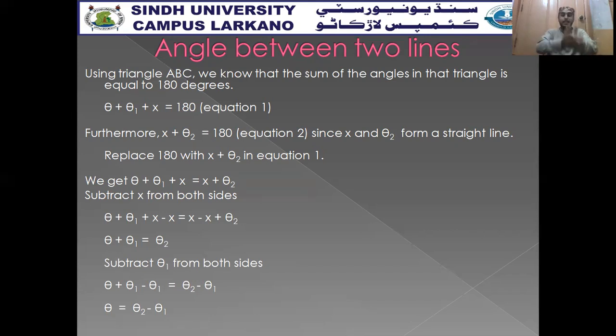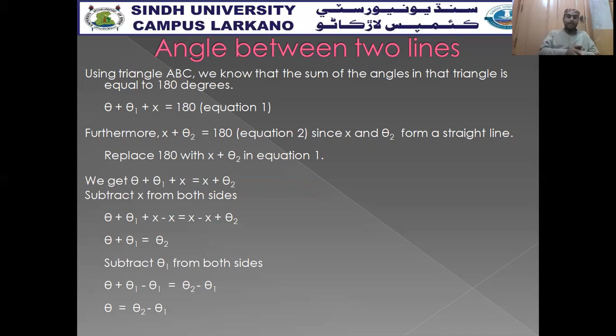Let's see in this slide. tan θ + tan³... minus tan θ₁ is equal to θ₂ minus θ₁ is equal, what we get is θ is equal to θ₂ minus θ₁.